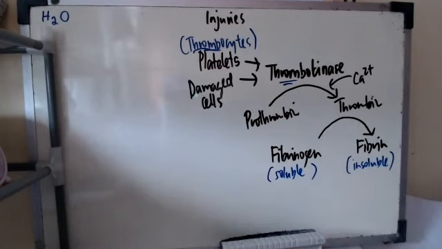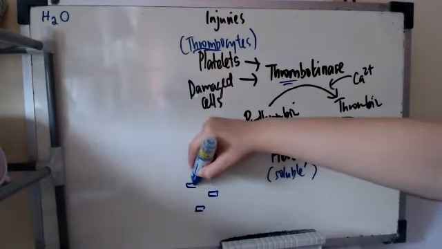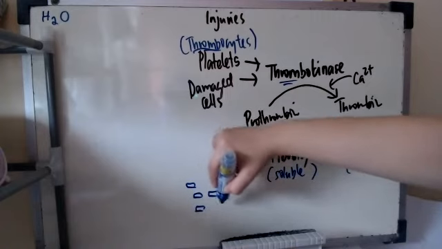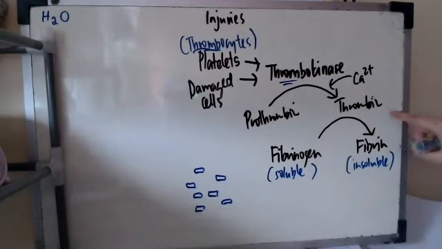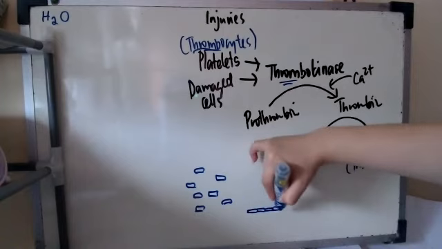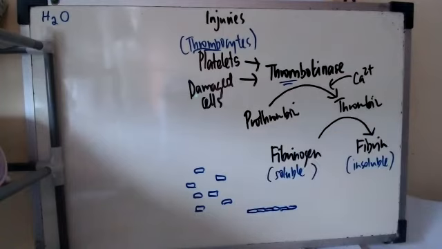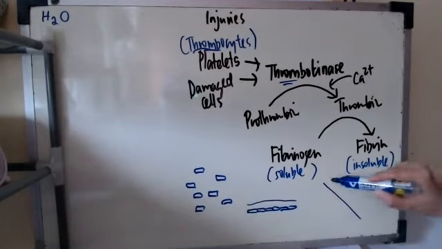When soluble means it floats around like this, evenly spread out in the blood plasma. Under catalysis of thrombin, all this will start to form a long polymer. So this long polymer is insoluble. So this long polymer will then form straight light structure.